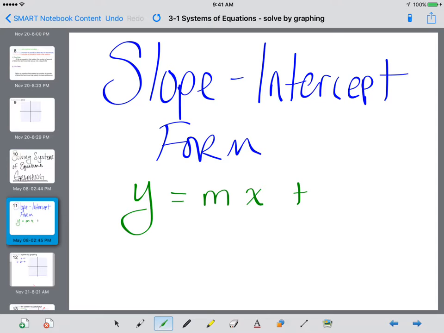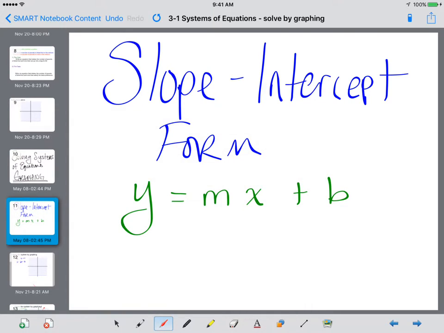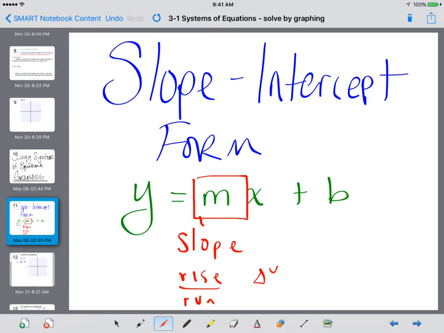mx plus b, where the number in front of the x represents the slope, which can be referred to as the rise over the run, or it can be referred to as the change in y over the change in x.